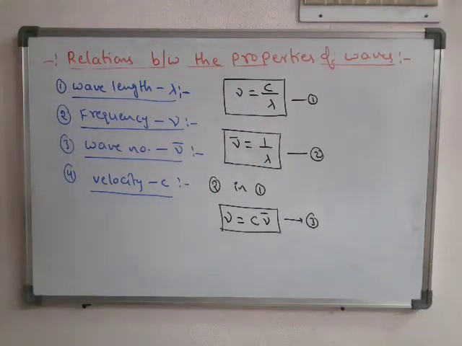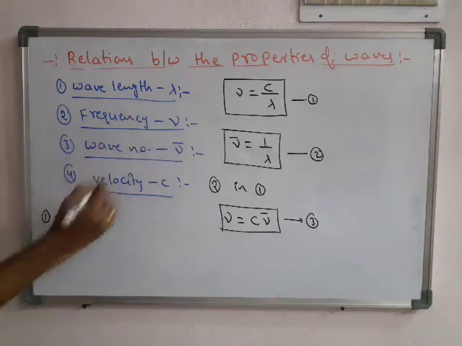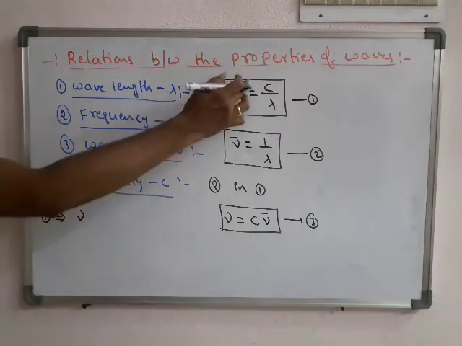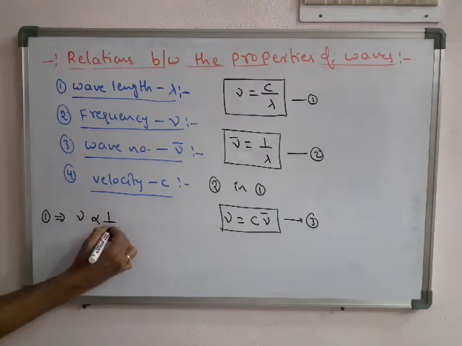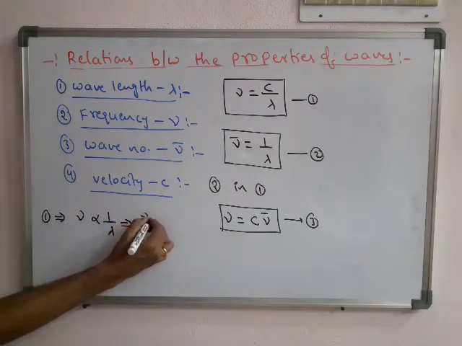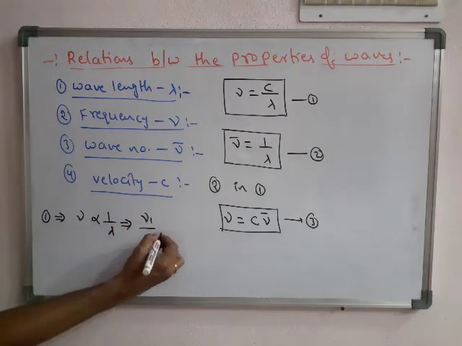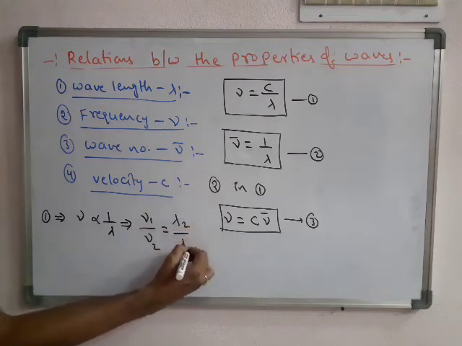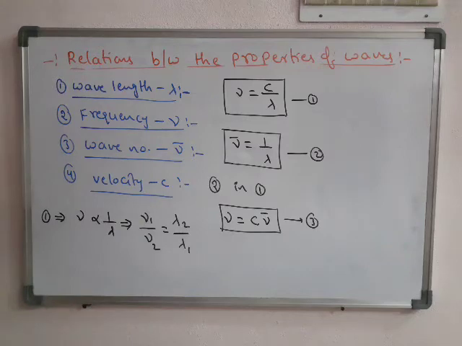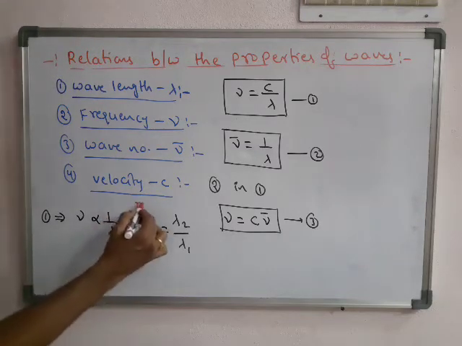From equation 1, c is a constant, so nu is proportional to 1 by lambda, they are reciprocal. In problems, it is useful to compare frequencies and wavelengths: nu 1 by nu 2 equals lambda 2 by lambda 1.